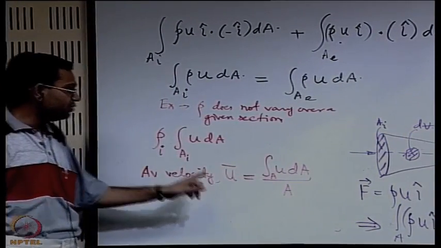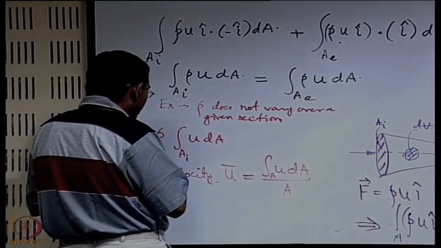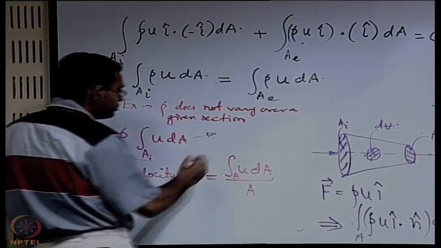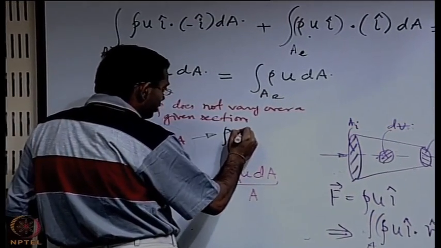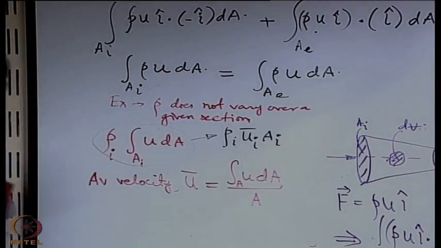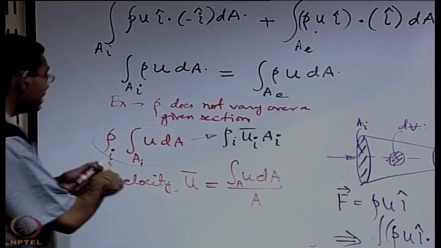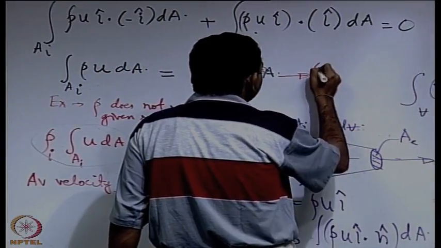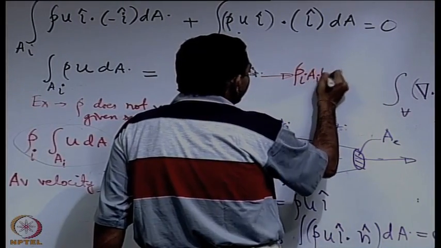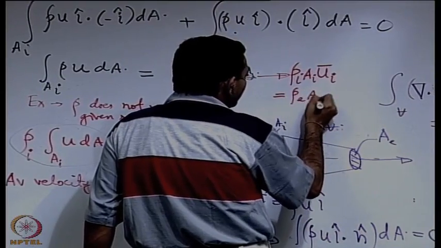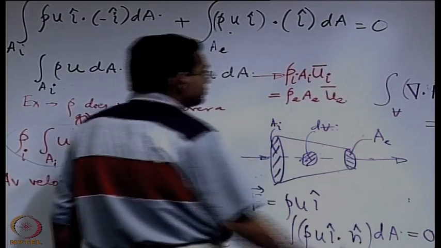Okay. So, we can replace this integral or this term by what? We can write this as rho I into u I average into AI. Therefore, we can clearly say that this equation boils down to a very simple form: rho I AI u I average is equal to rho E AE u E average.